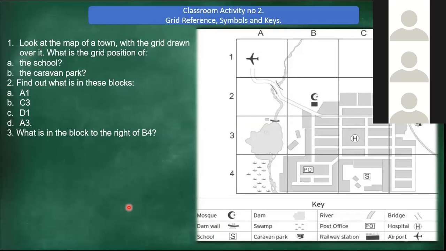Ma'am, can you please repeat the question? What is in the block to the right of B4? Let's get another... post office. Let's check. B4, to the right. Yes, we have the post office. Thank you. Let's move.